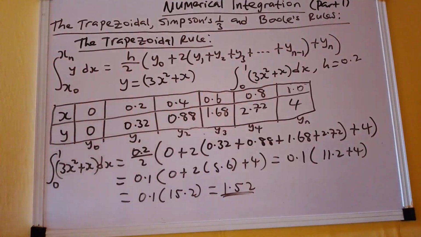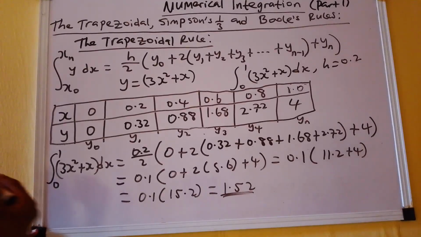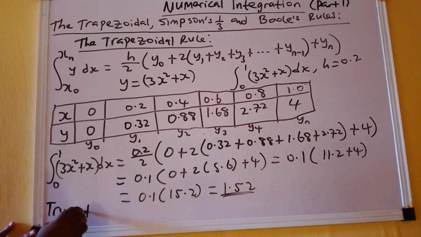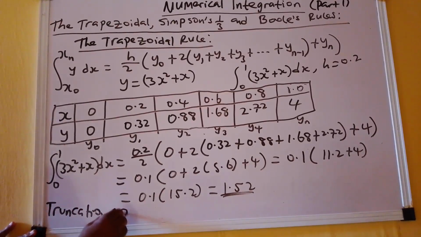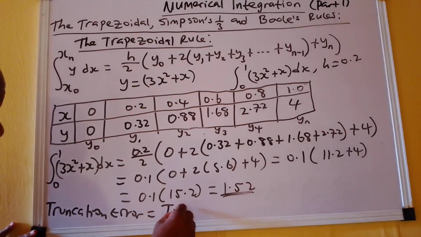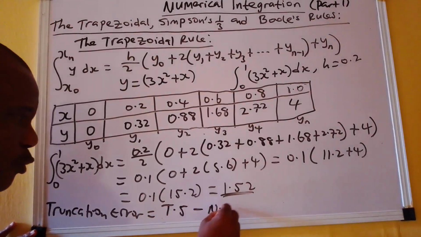You see that? So using the trapezoidal rule to solve this problem, we have an answer that is 1.52. The conventional method we used, we got 1.5 on the dot. So it is very easy now to calculate our truncation error. Our truncation error will be equal to the true solution minus the numerical solution.